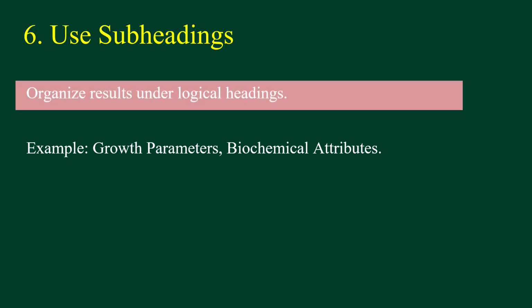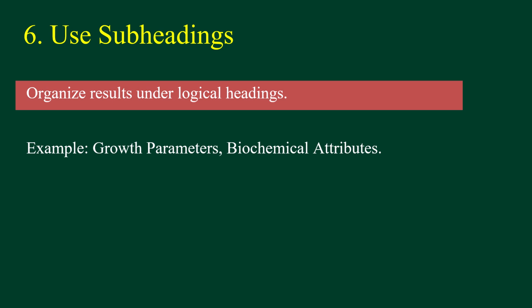Now, keep your results clear, concise, and non-repetitive. Do not repeat the same data in multiple formats. Be consistent in units, abbreviations, and statistical notation. All these should be organized under logical headings. You can use subheadings, because some journals allow subheadings.